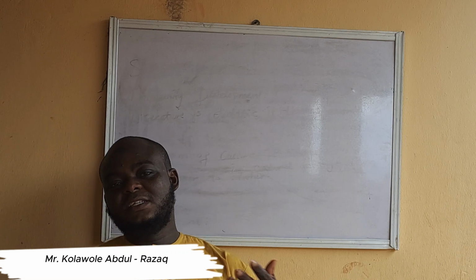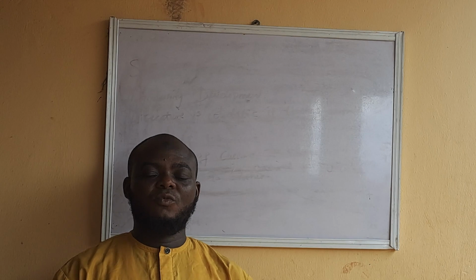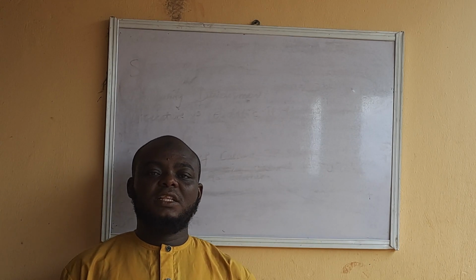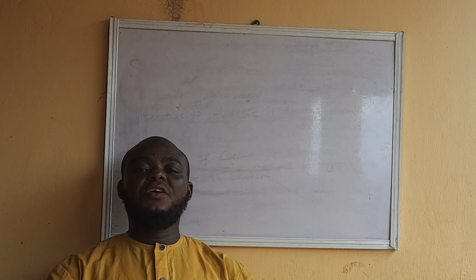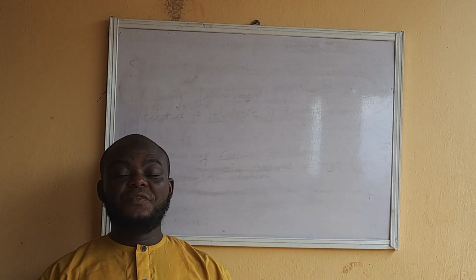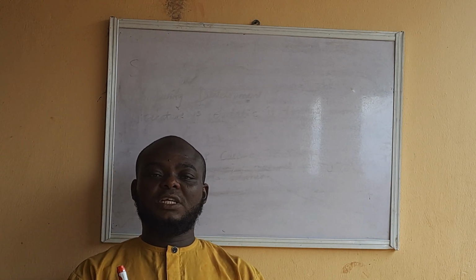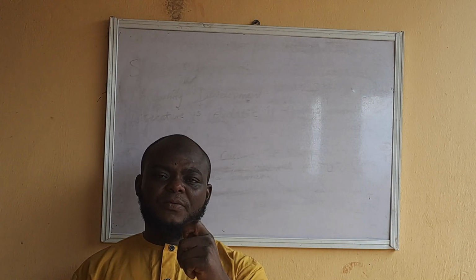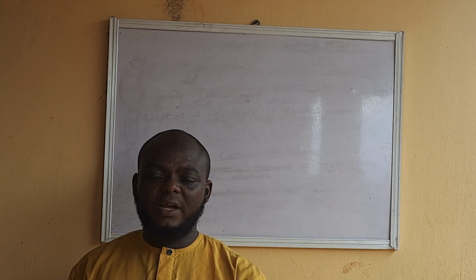And these figures of speech, how do we use them? What do we use them for in literature in English? These are groups of words, because we have many of them in literature in English, that we use to add depth to our literary work.